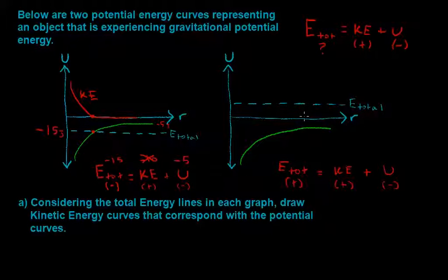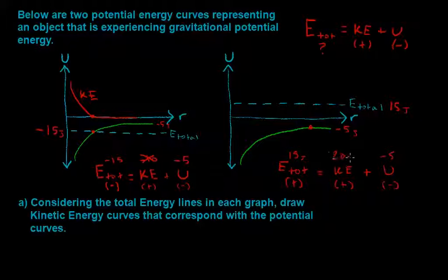So then we can just say that if our total energy is equal to 15 joules, and our highest point of potential energy is still -5 joules, then at this point where the matching kinetic energy curve hits closest to the total energy line, it will be equal to 20 joules.